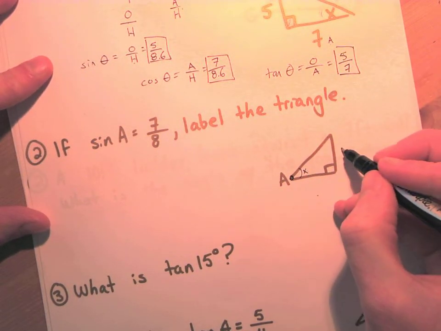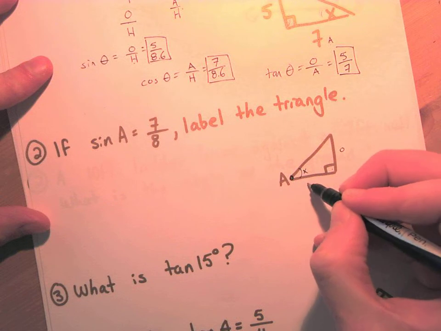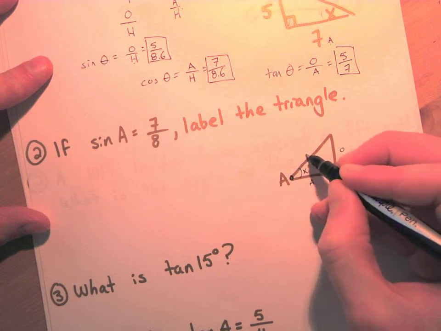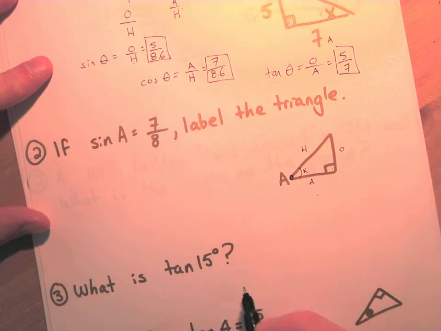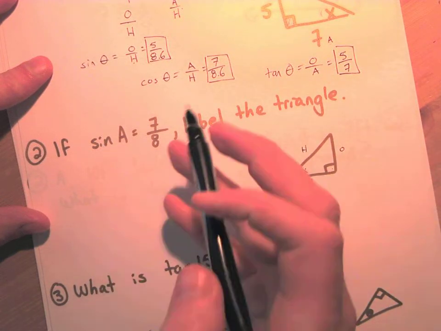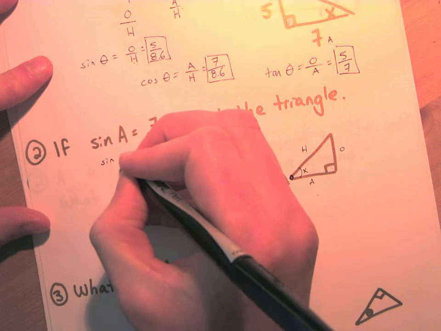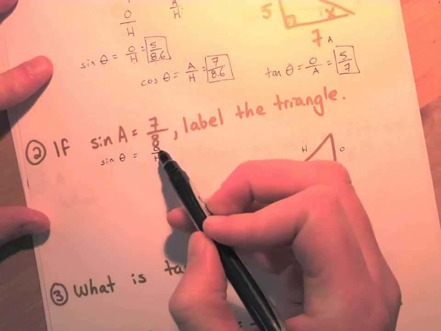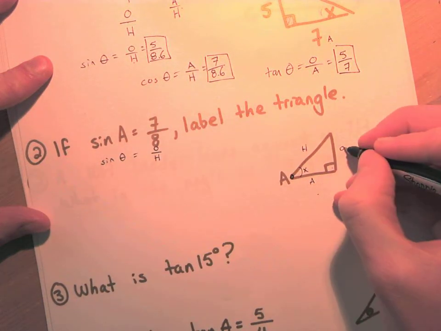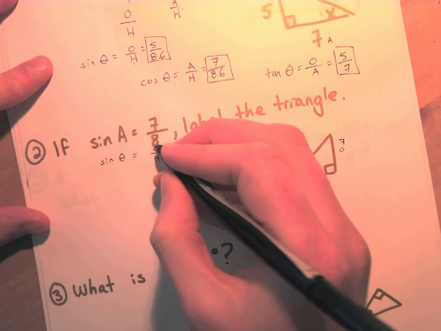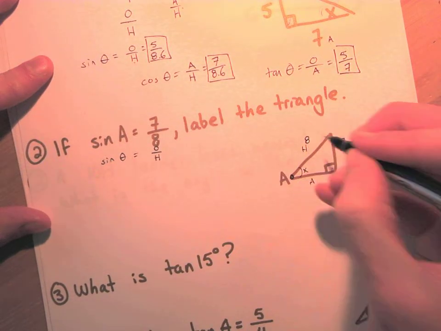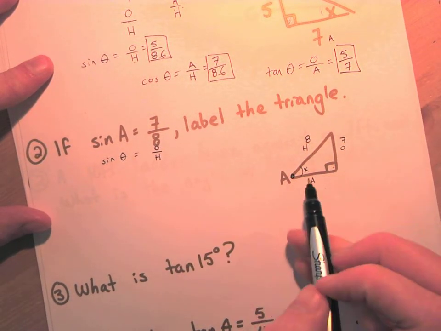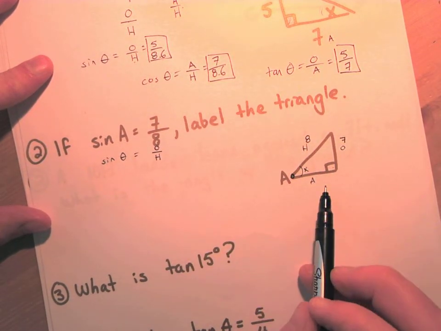O is opposite, A is beside, adjacent, and then H is always opposite that square. So sine theta is O over H. O is the top one, 7, and then H is the bottom one, 8. So we labeled the triangle 7, 8. We don't know what this is right now.